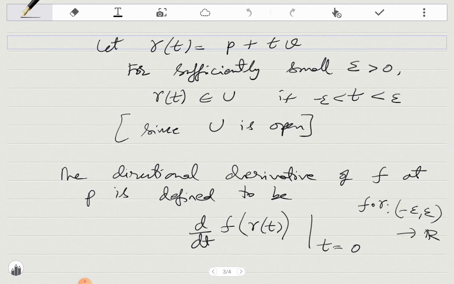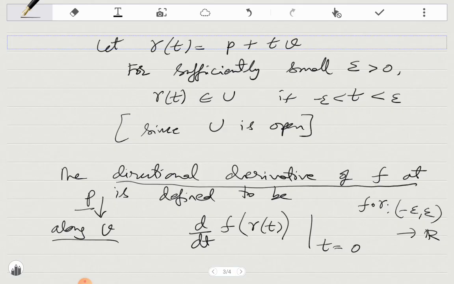If I forgot this directional derivative of f at p, the crucial thing is along v. So the whole thing is one phrase. The directional derivative of f at p along v is defined to be this.